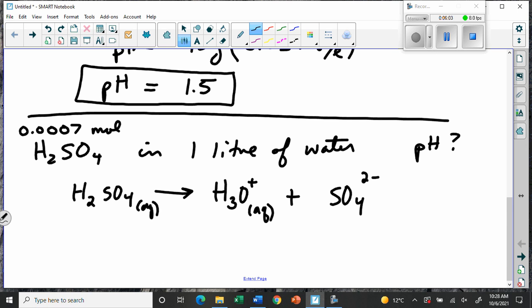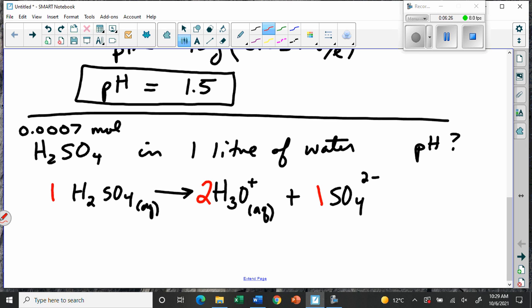But we have to be careful in our balancing here. There are 2 hydrogen atoms here that will break off, and each of them will ride on a water molecule and make 2 hydroniums. So my ratio here has changed. It's gone from a 1 to 2 to 1 ratio.